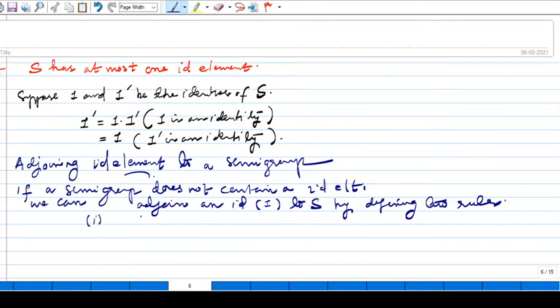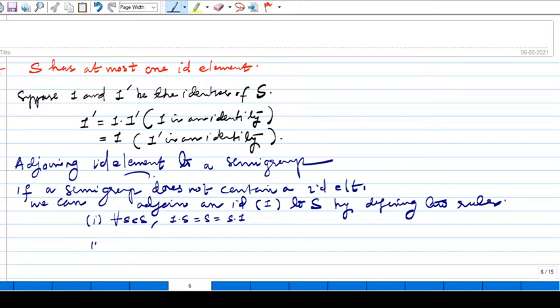First one is, for every s belongs to S, you multiply with this 1, you get back s. When you multiply on the left or right, you will get the same element. So this way I have defined the multiplication of every element with the newly adjoined 1.